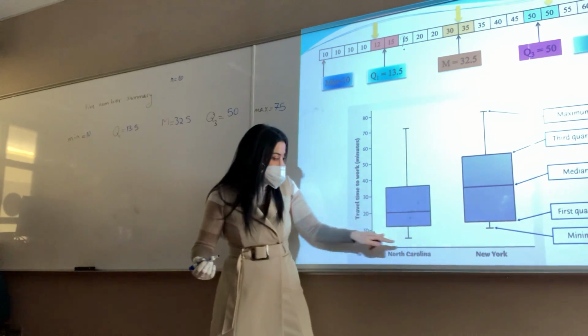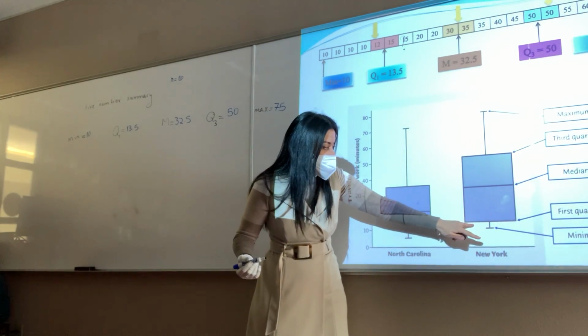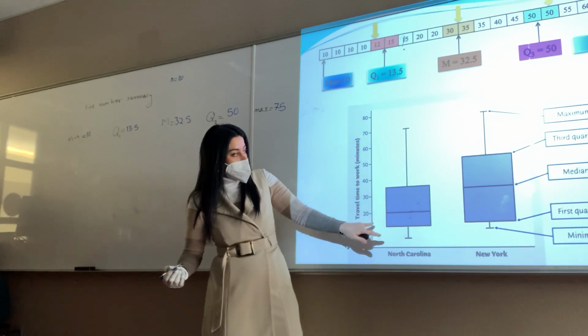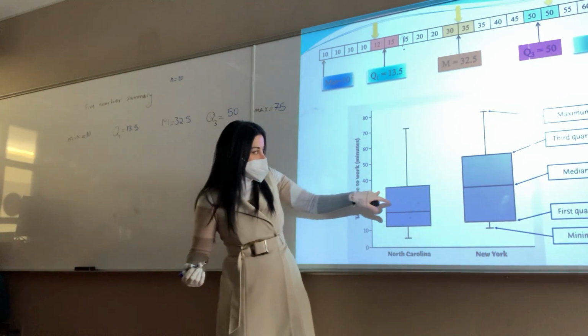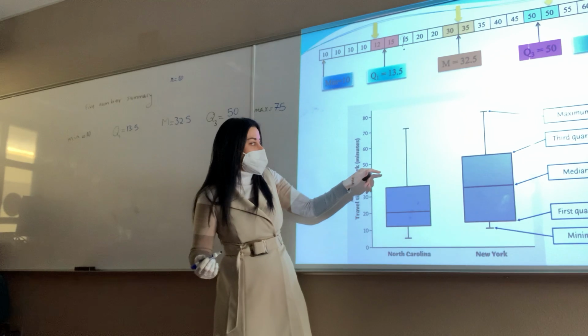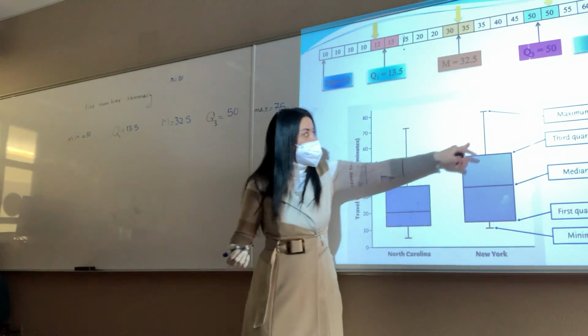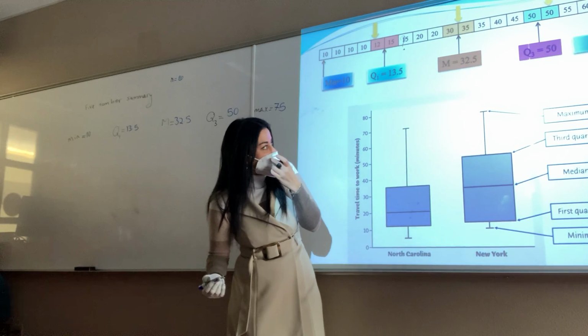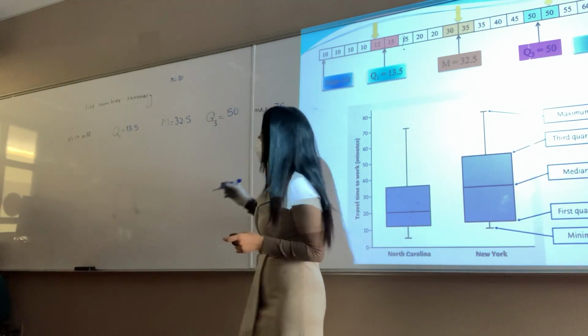Minimum is 10. The first bar is the 13.5, Q1. The next one is the median. Then we have Q3, 50. And then we have the maximum, 75. Good.